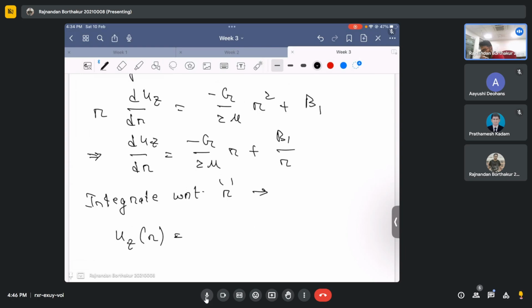This becomes minus g by 2 mu, and r squared by 2, plus b1 ln r, as you know the integration of b1 by r, plus b2.